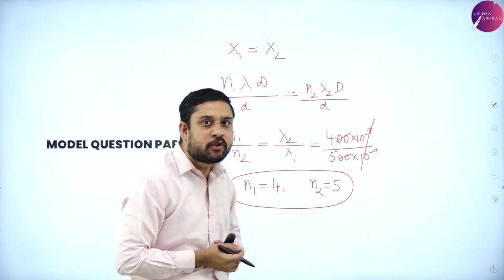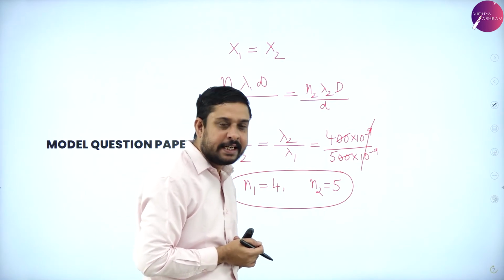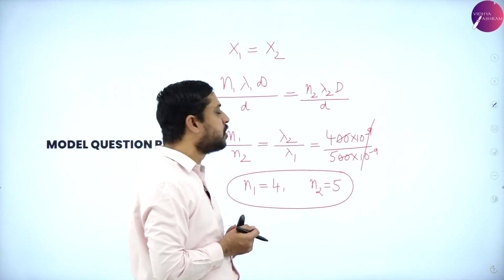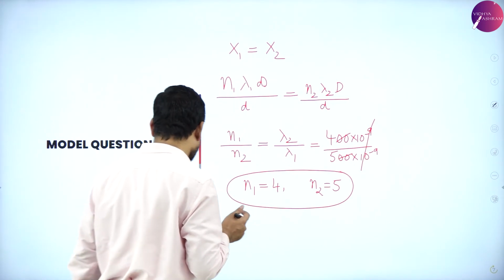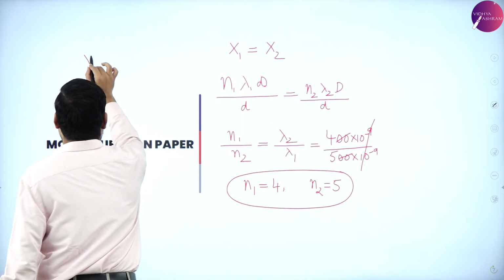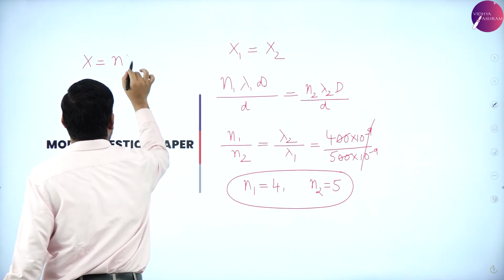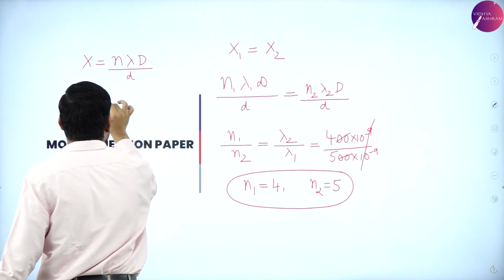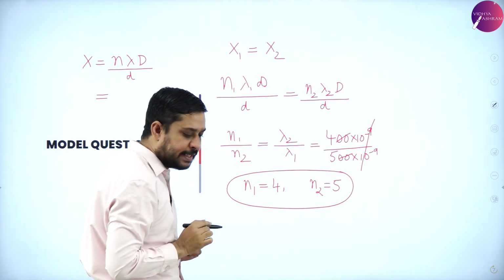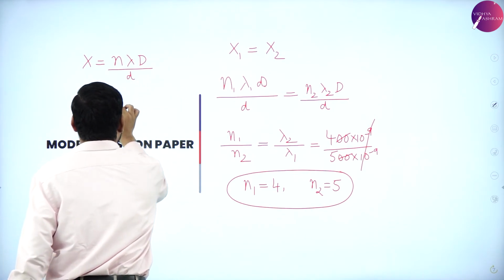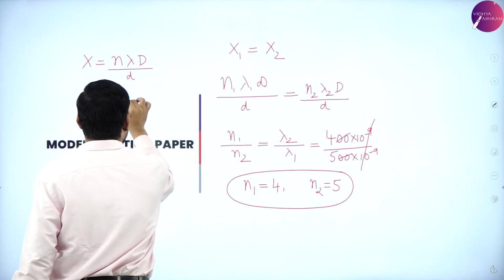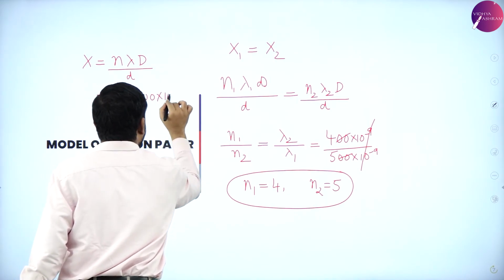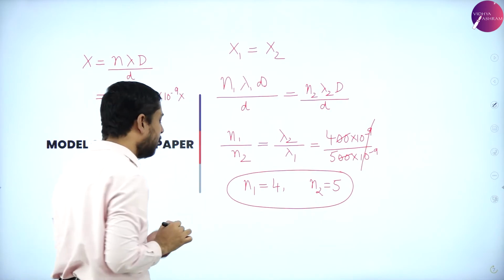Now, what is it that I have to calculate? As given, distance of the bright fringe from the central maxima. Again, x is n lambda D by small d. So, how much is n corresponding? 4 into 500 into 10 power minus 9.